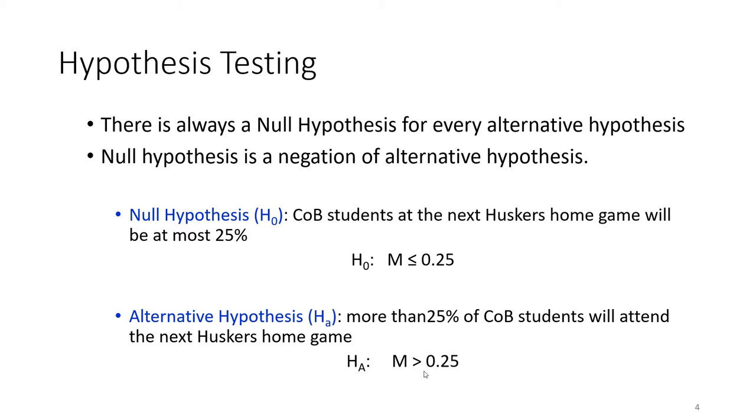A similar notation, we just have a different direction, H sub A for alternative. In any statistical test, we try to provide evidence against the null hypothesis, hoping that we can reject the null hypothesis. If we can't reject the null hypothesis, then we fail to do so.